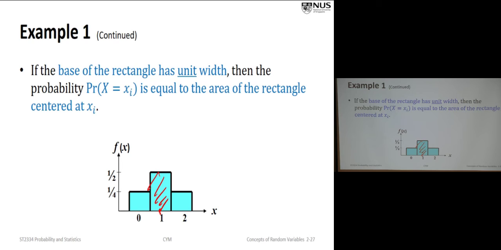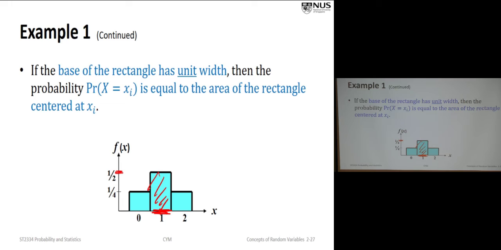What is this area? This is half. So the height is half. And what's the width of this rectangle? From 0.5 to 1.5. So this is 1. So the area of this rectangle, which represents the probability of x equal to 1, is equal to half, 0.5 or half times 1.